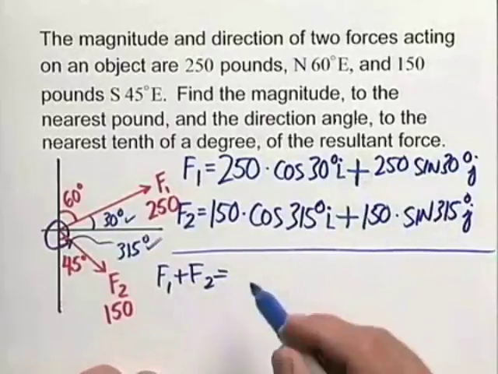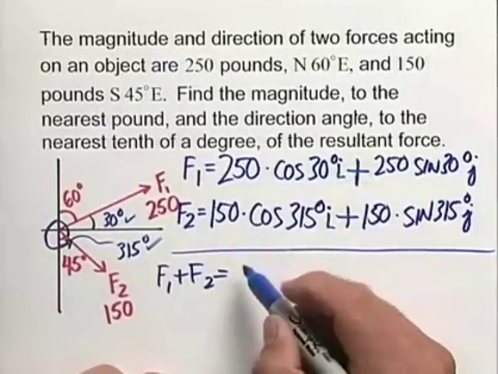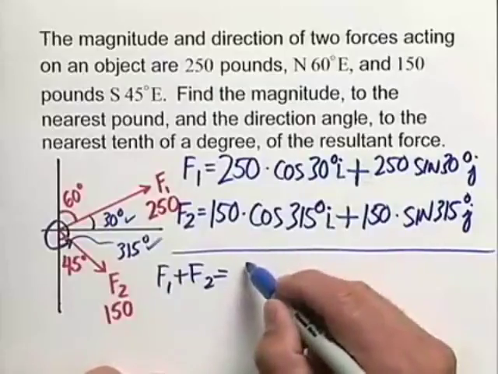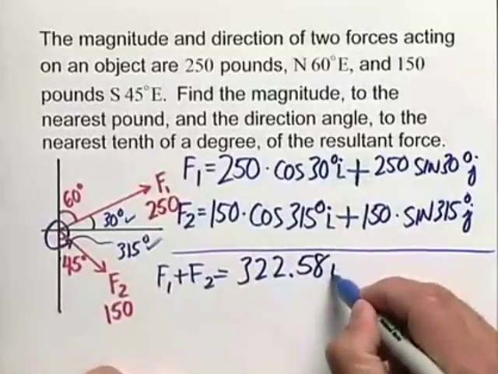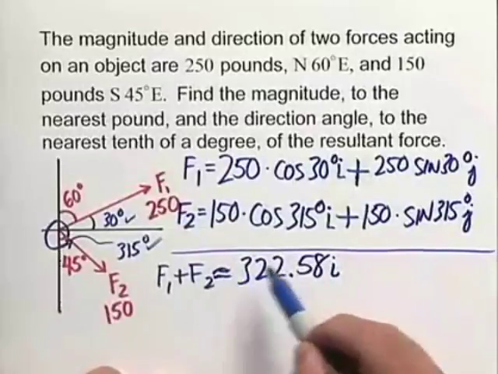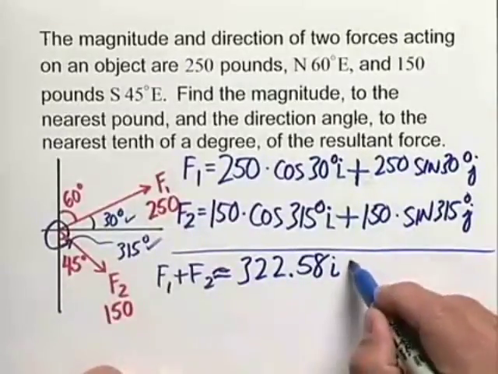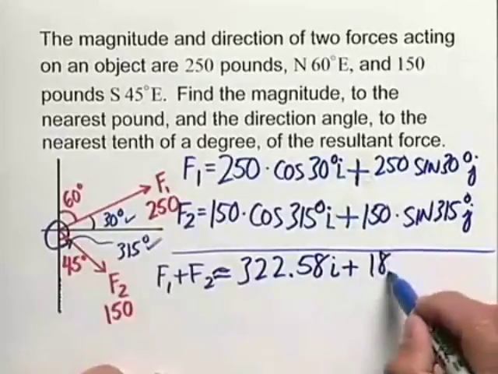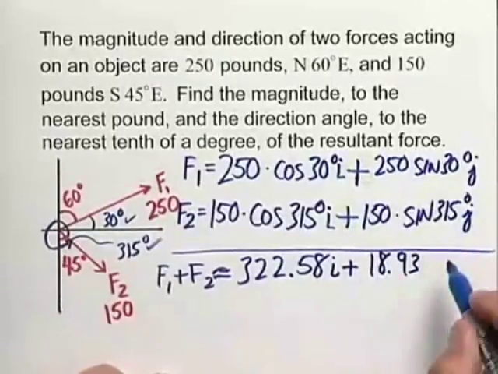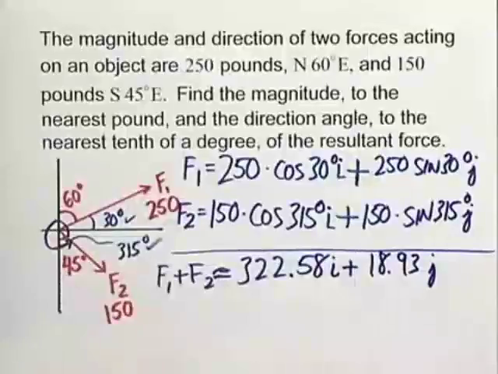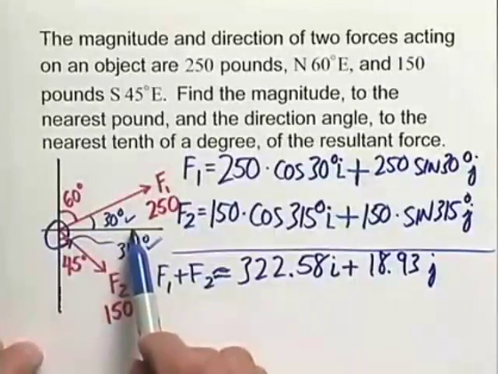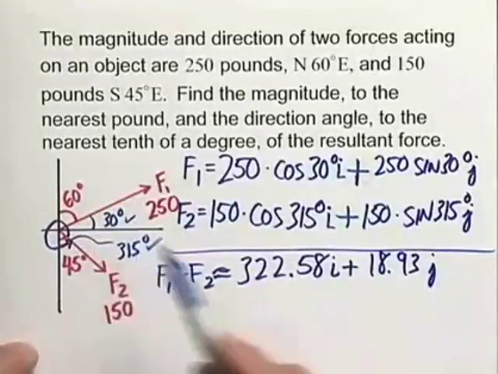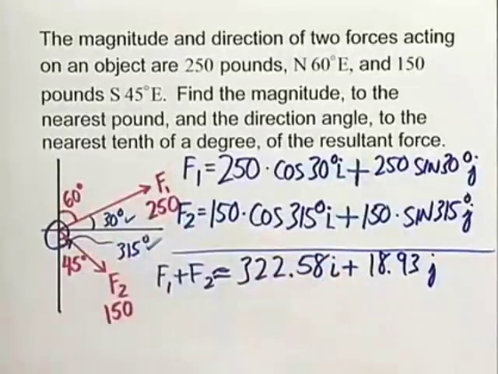Now if we approximate this to a couple decimal places, our new vector is going to look something like 322.58 i, and again that's approximate, we're rounding that, plus 18.93 j. And so this is our resultant vector. You can visualize this as going 322 along the x and then about 19 up. And again, that comes from our parallelogram rule that we discussed in a previous example.